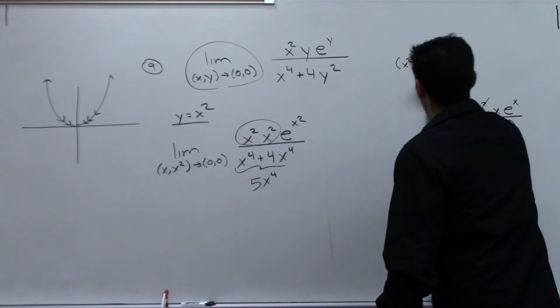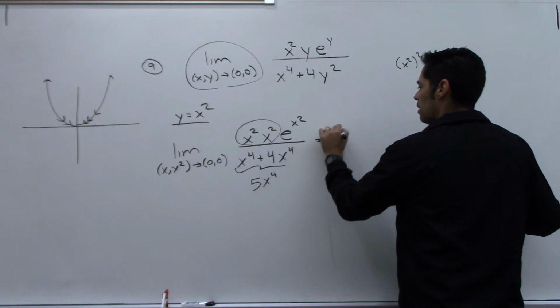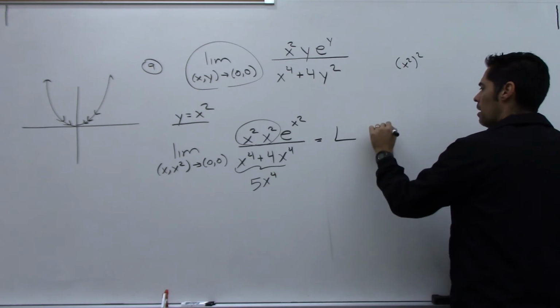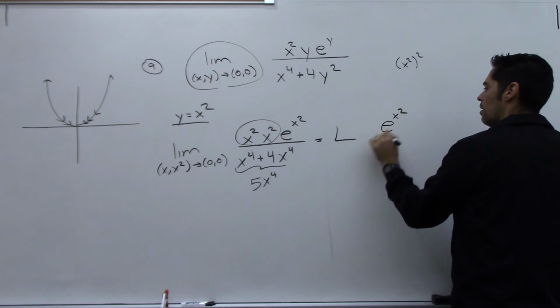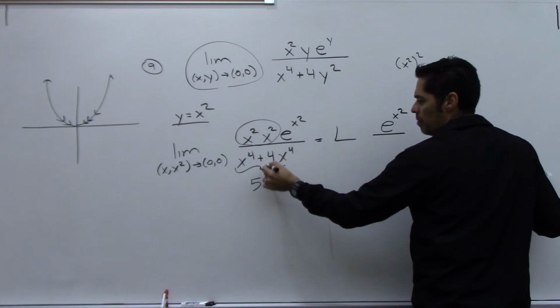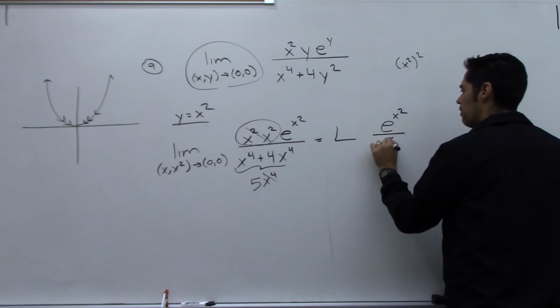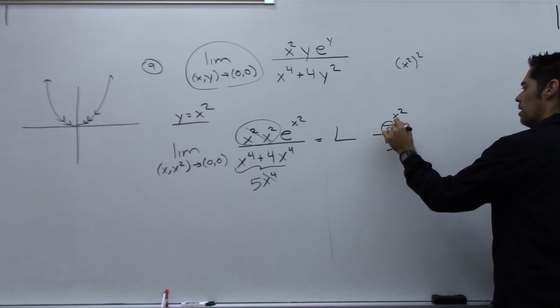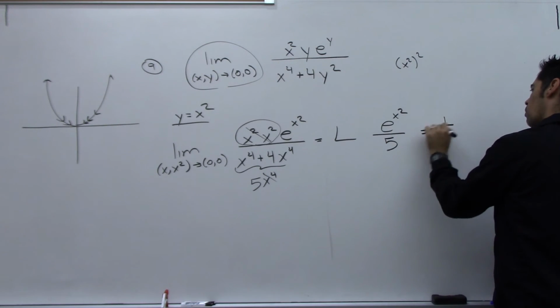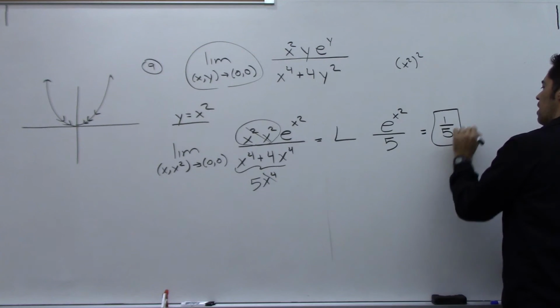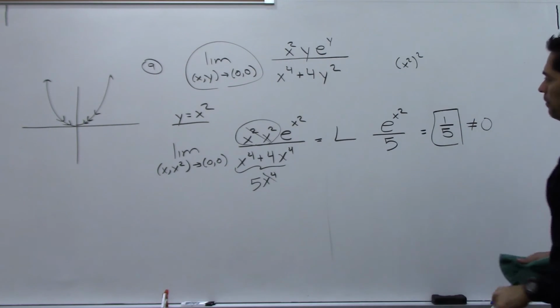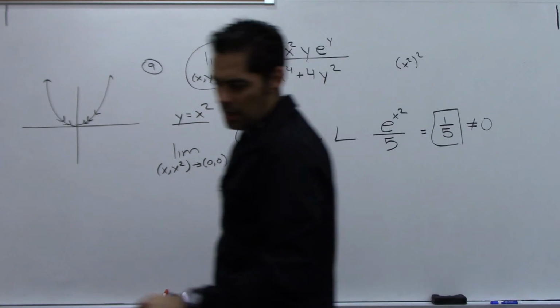And so that becomes equal to the limit of e to the x squared over, remember the x to the 4ths canceled, so over 5. And as x goes to 0, e to the 0 is 1, so you get 1/5. And that's not 0, right? That's what we've been getting. So the limit does not exist.